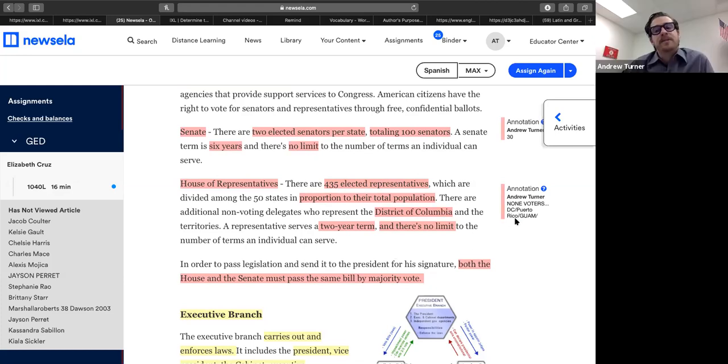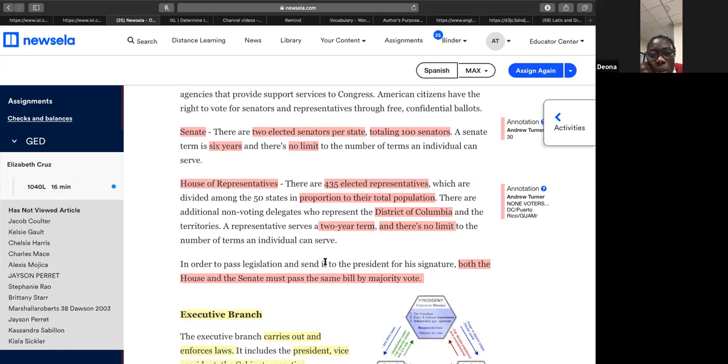Some examples of the territories are Puerto Rico, Guam, things like that. A representative serves a 2-year term, and there's no limit to the number of terms an individual can serve.